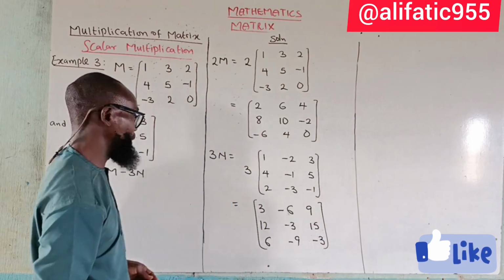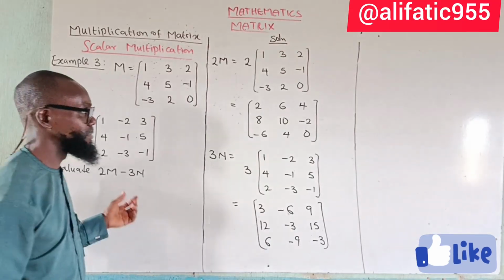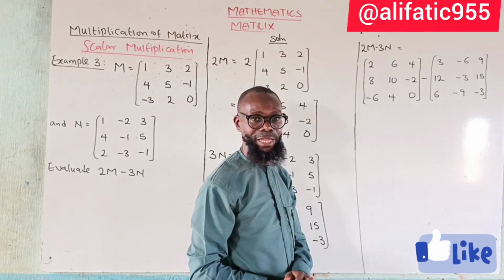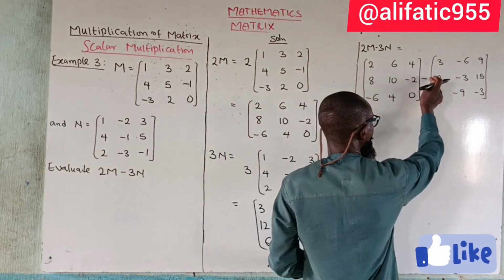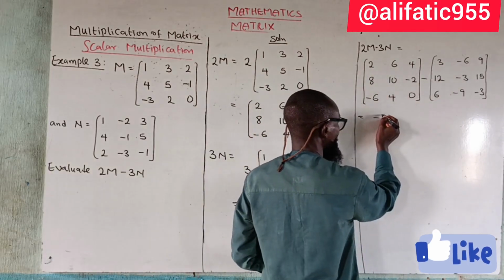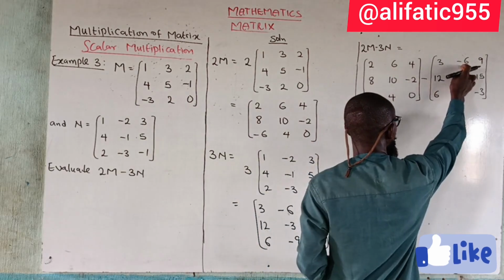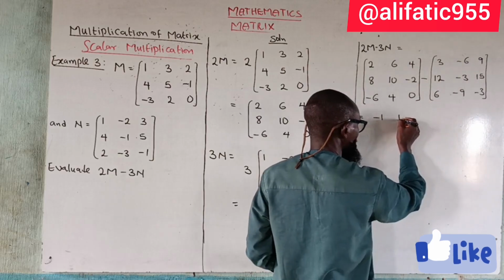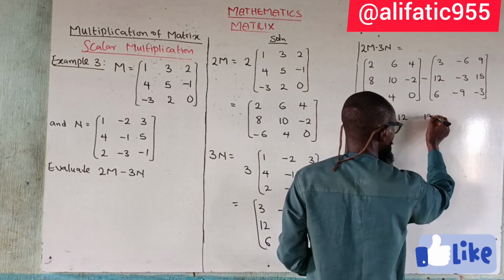So the next step is to find 2M minus 3N. Now these are 2M and 3N. So let's subtract. 2 minus 3, minus 1. 6 minus minus 6. Minus times minus equals plus, meaning 6 plus 6, 12. 4 minus 9, that is minus 5.